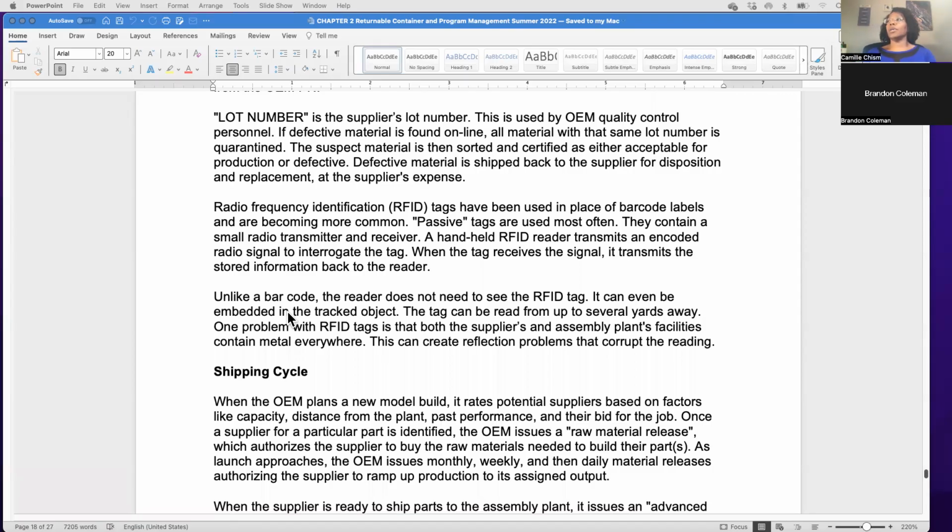So the barcode is visual. Someone would scan that, like when you go to the grocery store and scan your groceries at the scanner. That would be an example of how a barcode reader is used. An RFID tag is read by a scanner, but the scanner takes the information. An example would be if you go into a store and when you leave, you still have the tag on the clothing, it will beep.